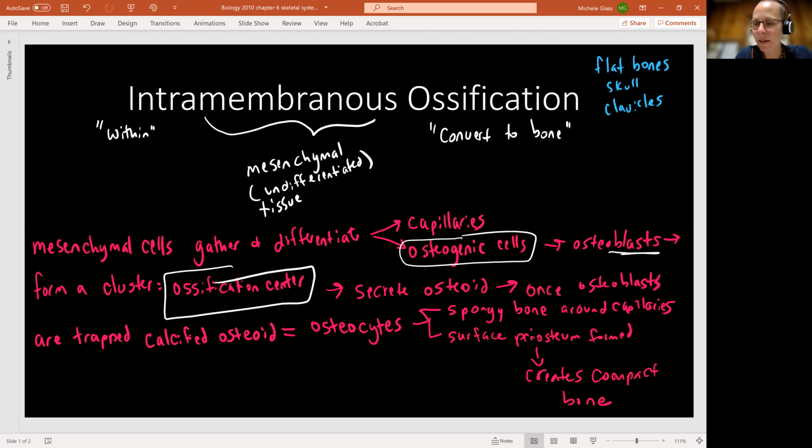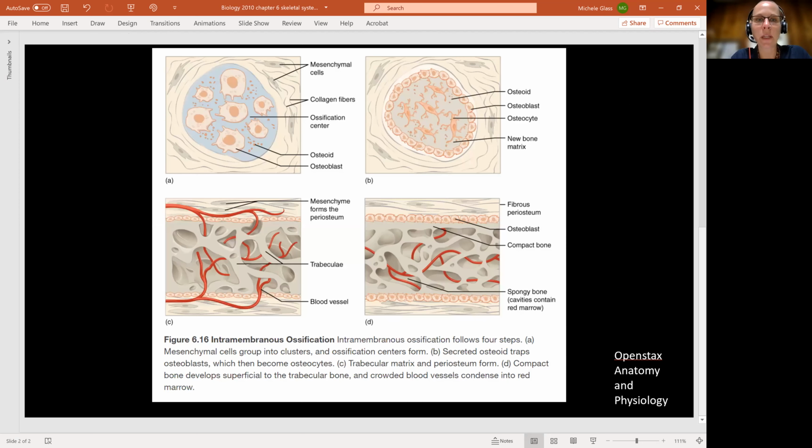Let's take a look at a diagram from our textbook, from the OpenStax Anatomy and Physiology textbook. So you want to start up here in the top left corner of the screen. And what we can see is our mesenchymal cells, which are the undifferentiated, that's the intramembranous part of our name. We see collagen fibers are present there.